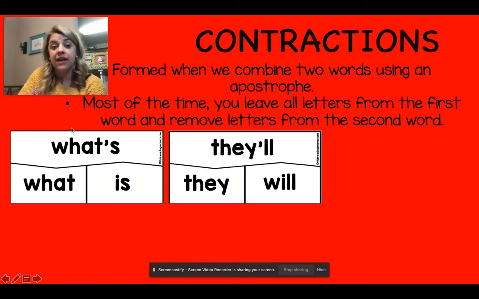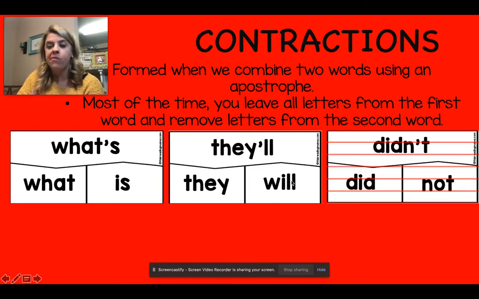If you look, like we said, most of the time you leave all the letters from the first word, T, H, E, Y, and then my second word is will, W-I-L-L. What is missing? Very good. It's the W-I. So we took away the W-I and we put in an apostrophe in its place, okay?